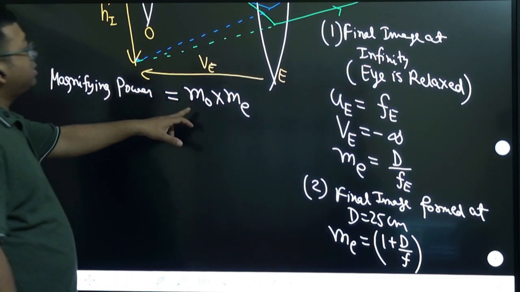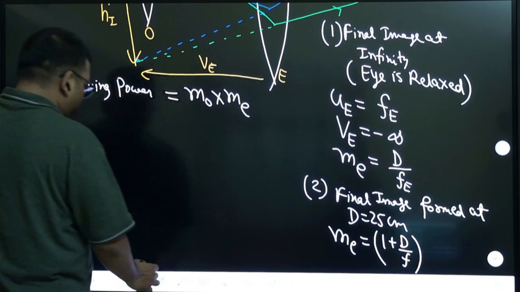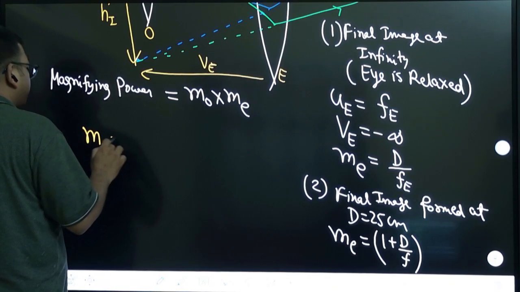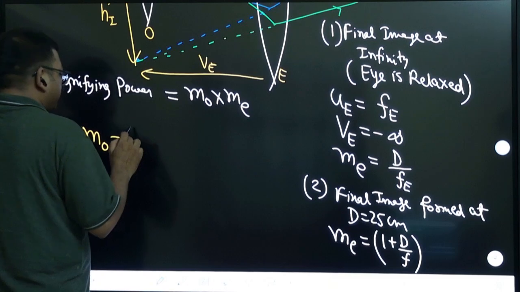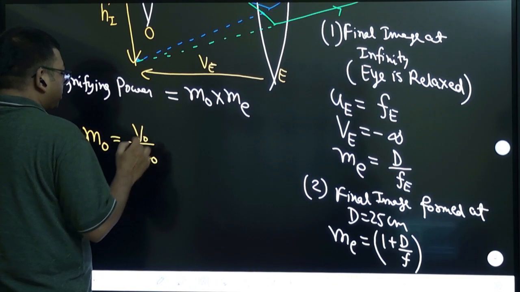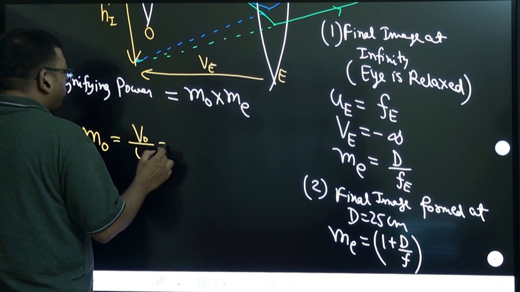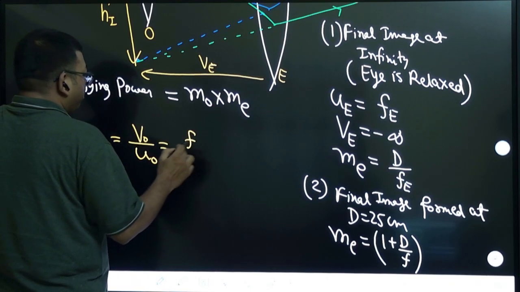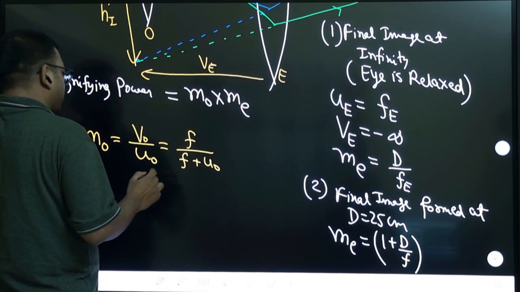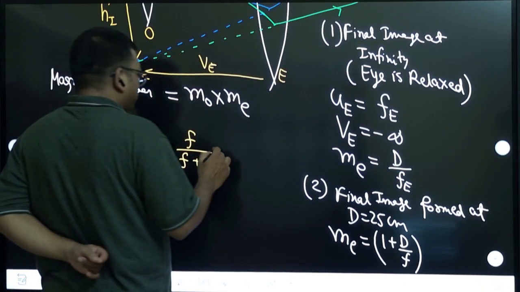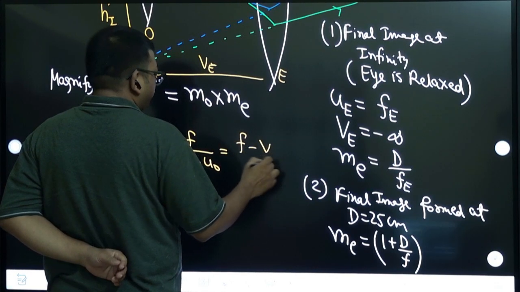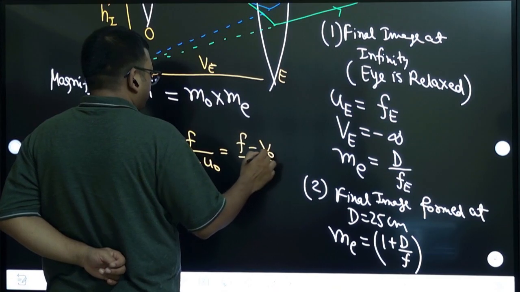Okay, so the only thing is that we need to know M O. How to know M O? The magnification of the objective can be written as V by U, with proper sign, or we can use f by f plus u with proper sign, and this can also be written as f minus v by f objective.